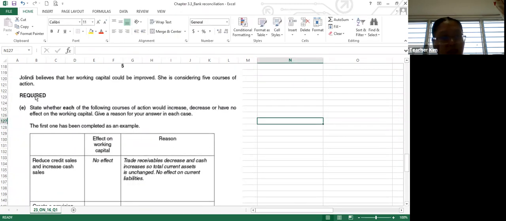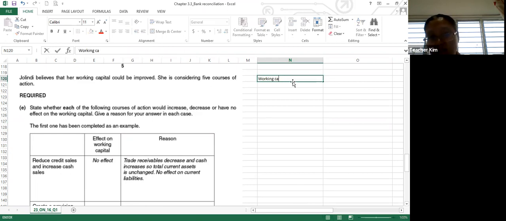Here they say Jolene believes that her working capital could be improved. What is the working capital? Working capital is current asset minus current liability. When the question changes to working capital ratio, be careful.